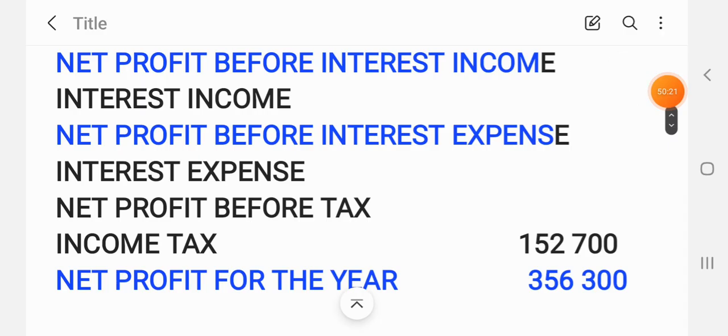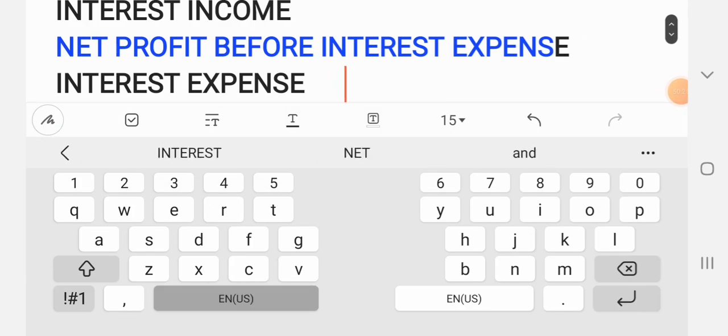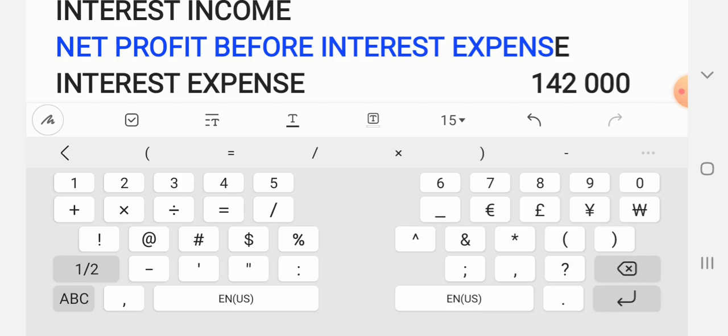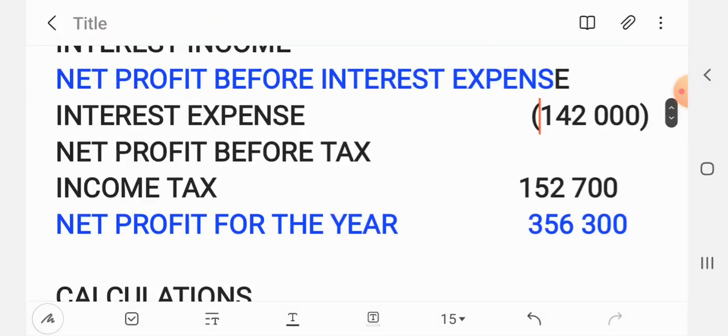So I will put it here on the interest expense, and that will be 142,250. Because we have to subtract it, I put it inside the brackets.